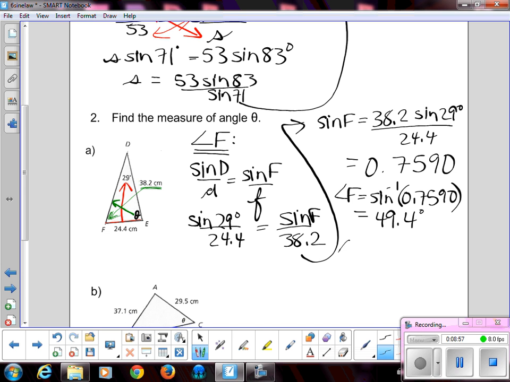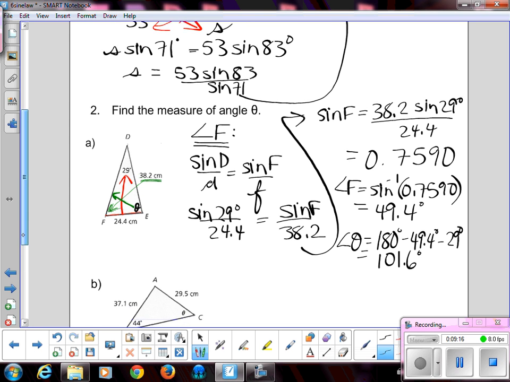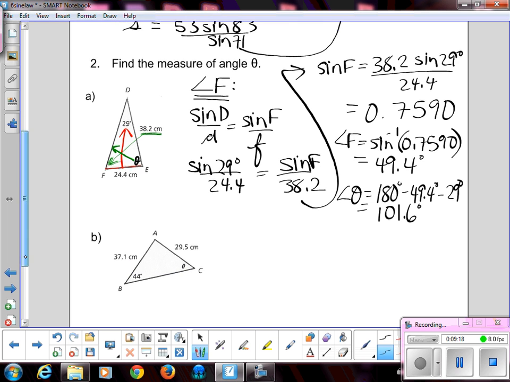So we know that angle theta is equal to 180 minus the angle we just found and minus the 29 that we were given in the question. And we end up with 101.6 degrees. All right, so that one made us go through a few more hoops in order to solve. But again, the only way to do it was with the sine law.